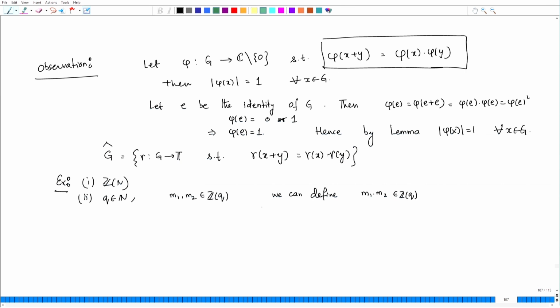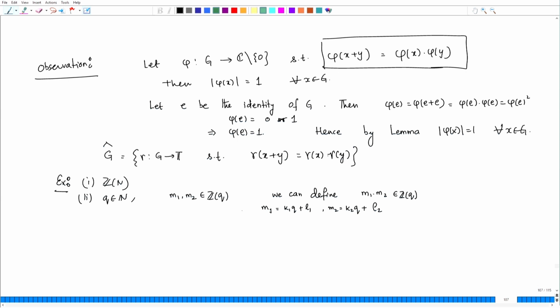Why is that? I mean, it is very simple. Then M1 is equal to some K1 times Q plus L1, where L1 lies between 0 and Q minus 1, and M2 is equal to K2 Q plus L2, where L2 lies between 0 and Q minus 1, and K1, K2 are integers.